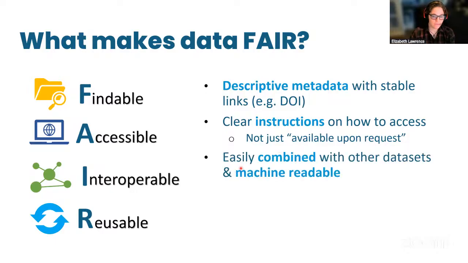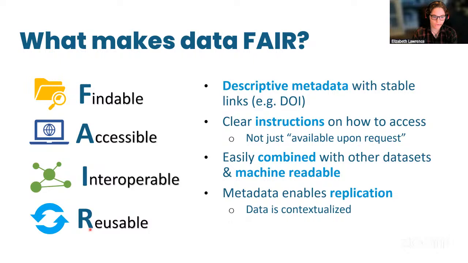Interoperable means our data can be easily combined with other data sets and is machine readable. And so this often means adhering to data standards and using controlled vocabulary whenever possible. And reusable means that our metadata is well documented enough to enable others to replicate what we've done. And there's also enough context so that users know under what situations our data is useful and can be reused.